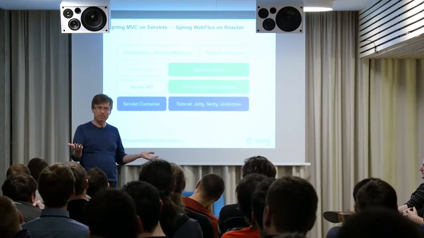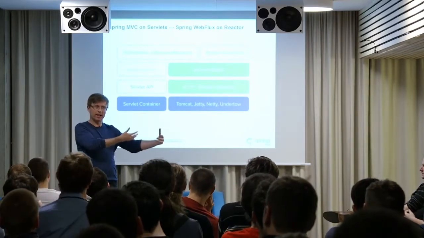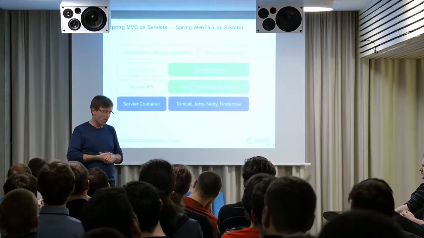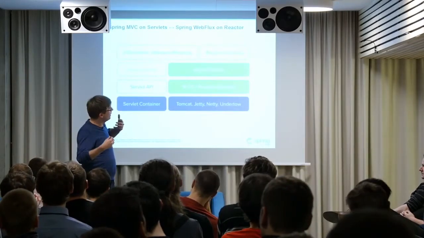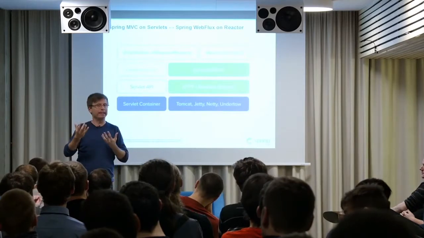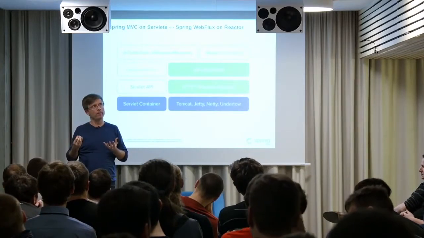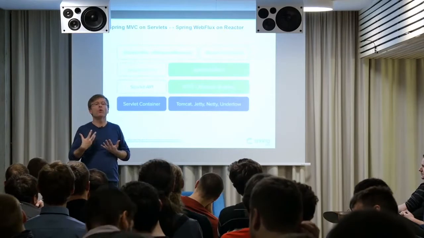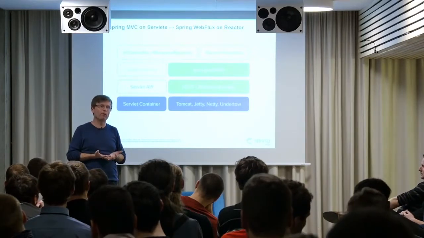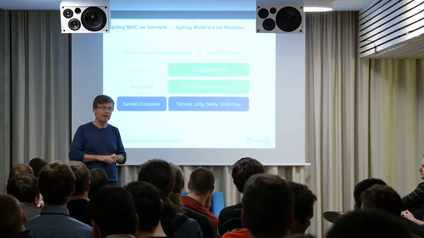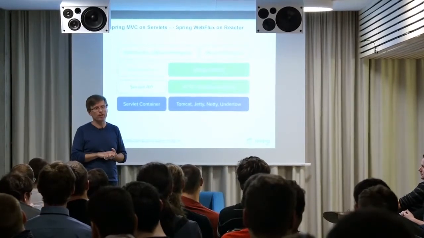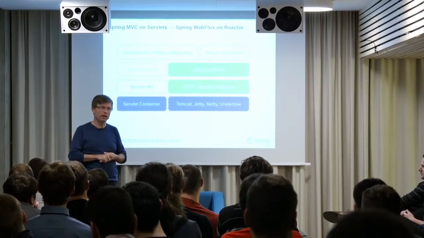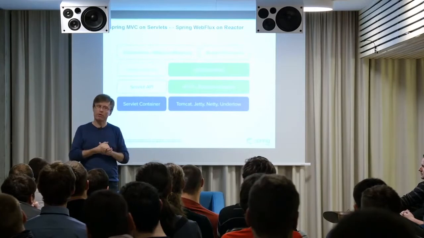Vert.x is trying to do the same thing, bringing a Node.js style model onto the JVM. We are trying to bring a more Spring-style, more enterprise-oriented model onto the JVM for doing the same kind of processing stacks. So we start with the assumption that you want to do it on the JVM, and typically, but not necessarily, with Java the language.